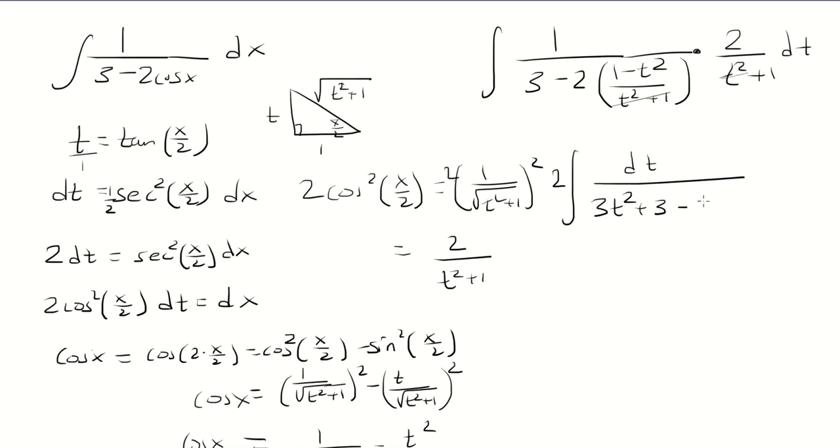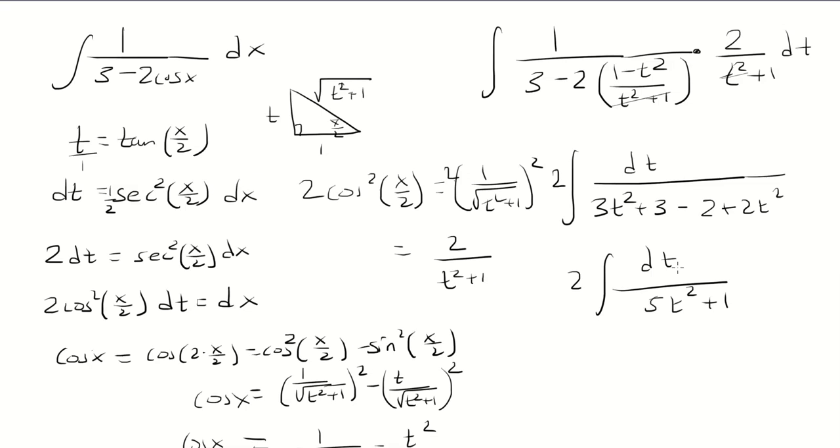So we have negative 2 times 1, and then negative 2 times negative t squared. So we have 2 dt over 3t squared plus 2t squared is 5t squared, and then 3 minus 2 is 1.